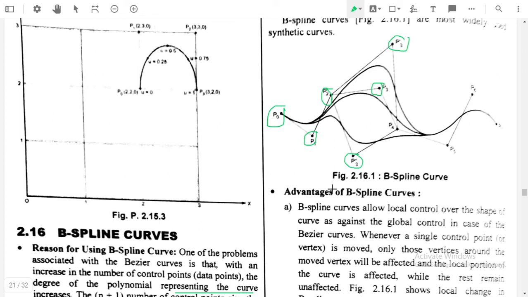If the curve consists of the data points P0, P1, P2, P3, P4, P5, P6, then the shape of the curve is like this.